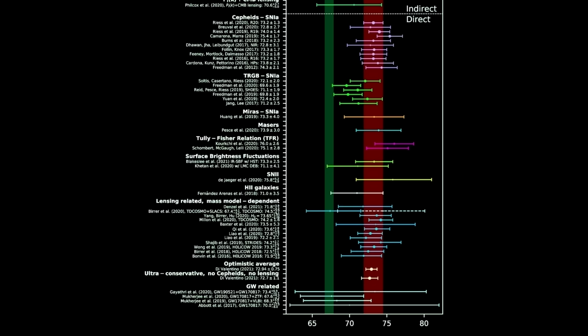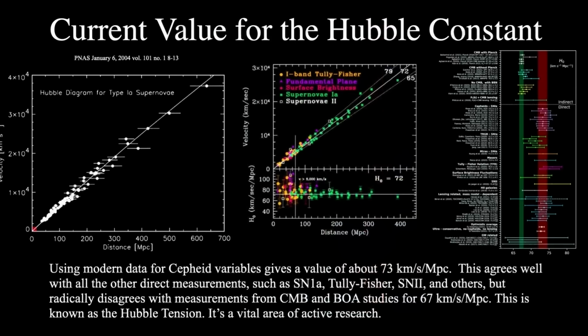And that's important. It's also interesting to note that the new gravitational wave astronomy that's coming out can actually provide a direct measurement of the Hubble parameter, and it agrees with both. But in any event, the Hubble tension is a real thing and an area of active research.